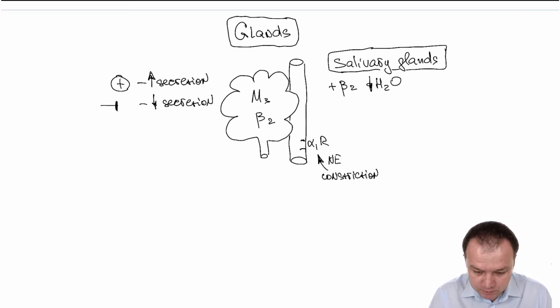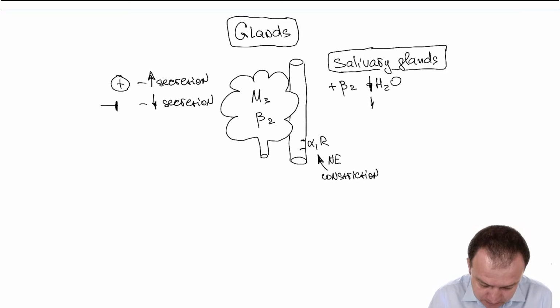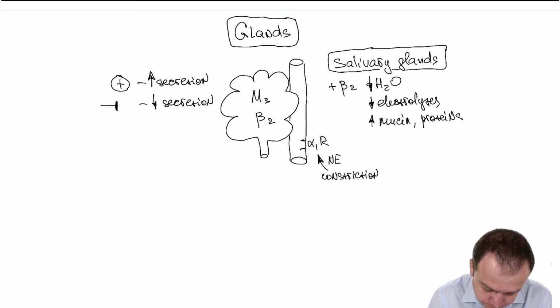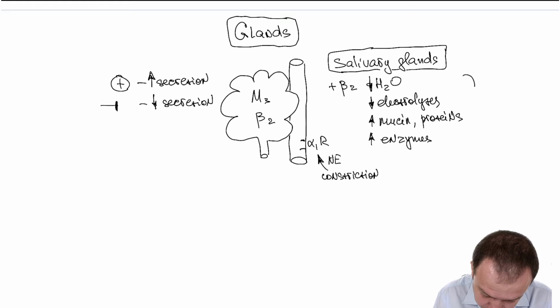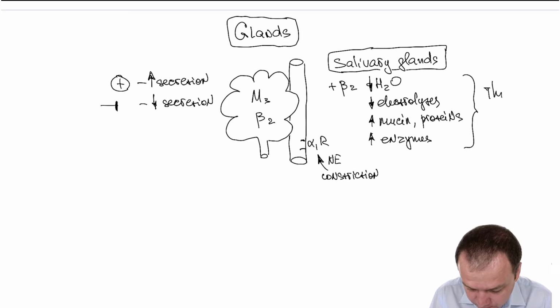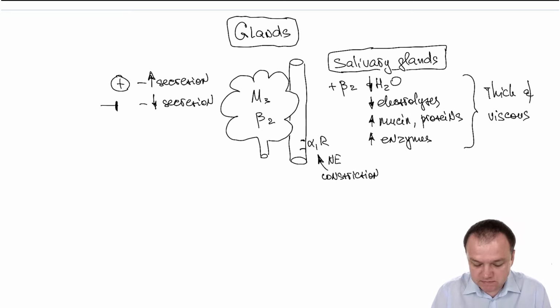Decreases water amount, decreases electrolytes, increases amount of mucin and proteins, and increases amount of salivary enzymes, and all these things cause production of thick and viscous saliva.